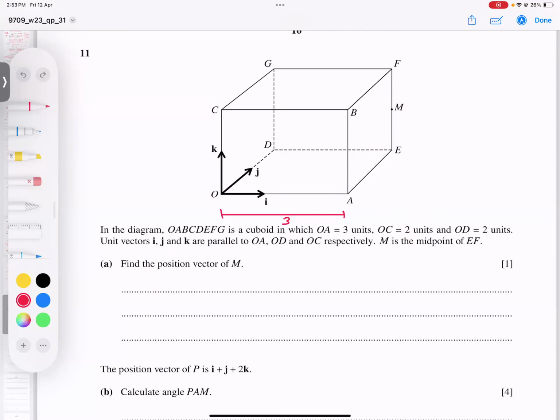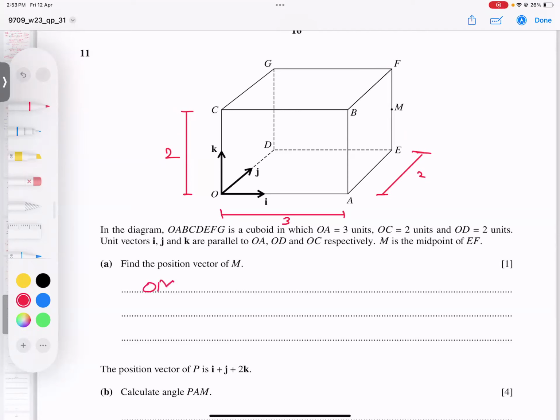OC is given as 2 units. And OD is 2 units. Where is OD? This gap is also 2 units. It is confirmed it is 2 units because this is a 1, this is a 1.